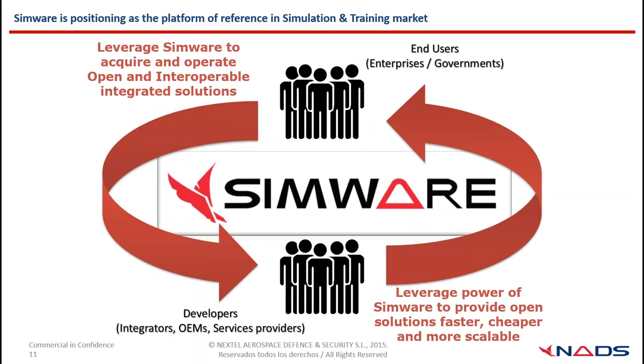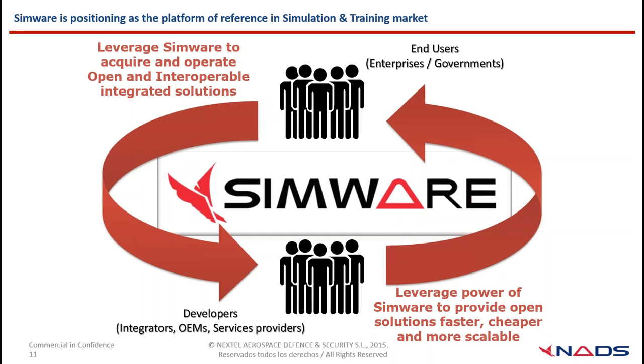In the case of the end user, the enterprises or government agencies that are buying or operating simulators, the use of an open architecture like the one defined in Simware will allow them to buy open and interoperable integrated solutions from the specification.